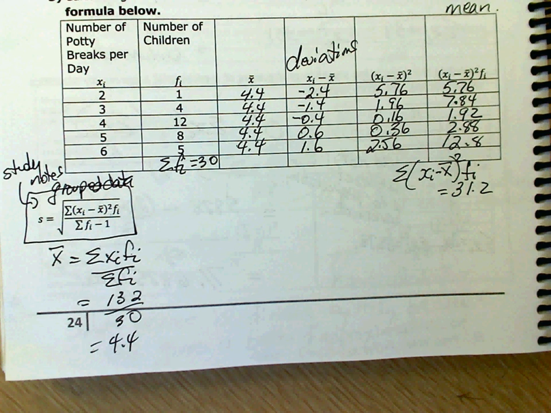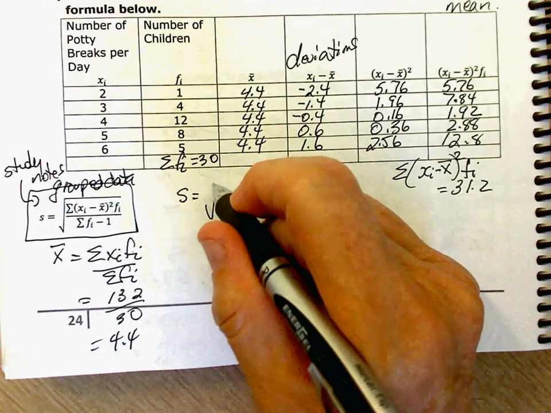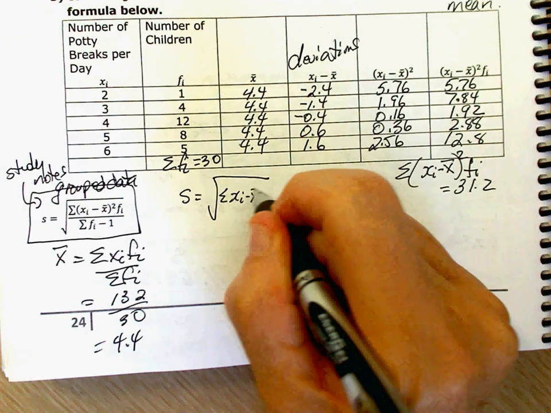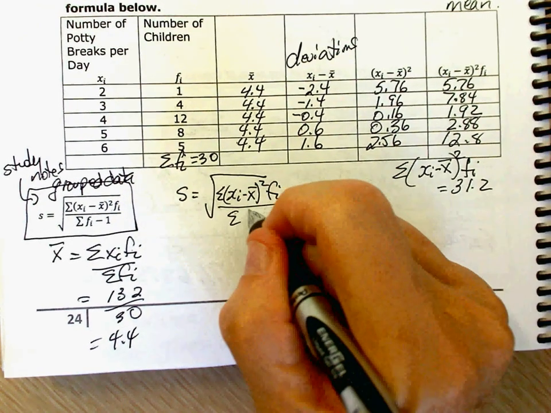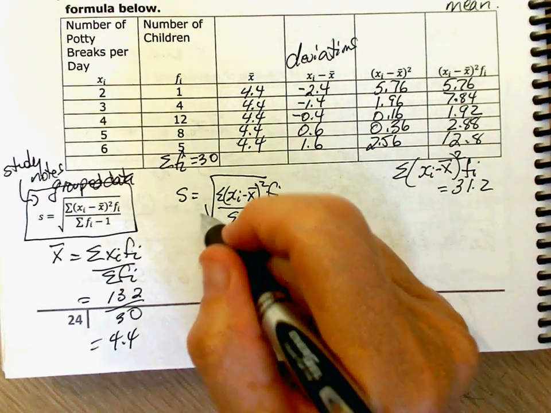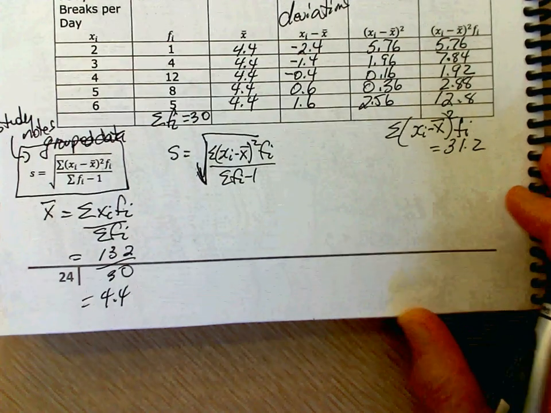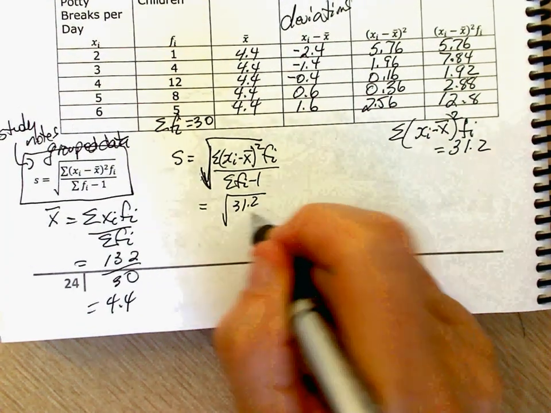So S equals square root of the sum of xi minus x bar all squared times fi, all over the sum of fi minus 1. Don't forget the square root comes all the way down there. This is equal to 31.2 over 29, and that is about 1.04.